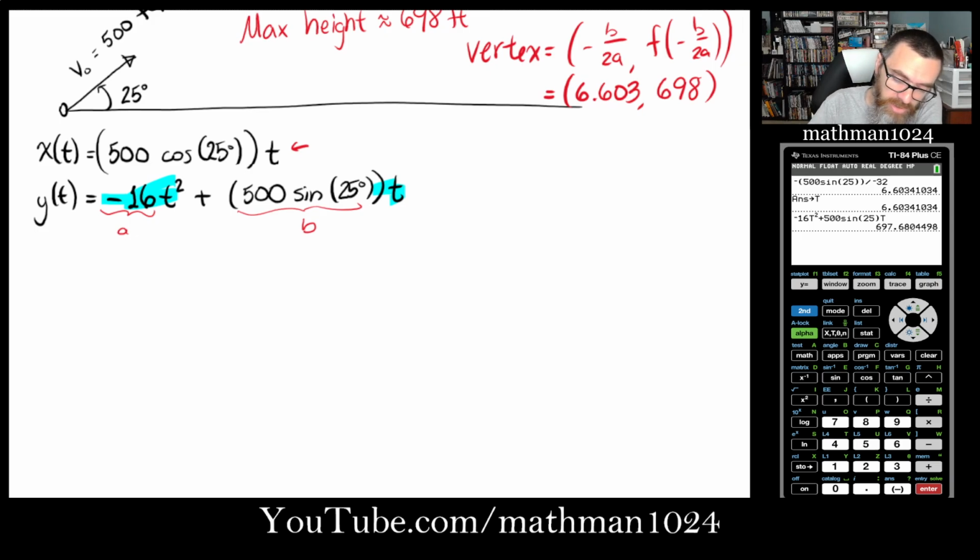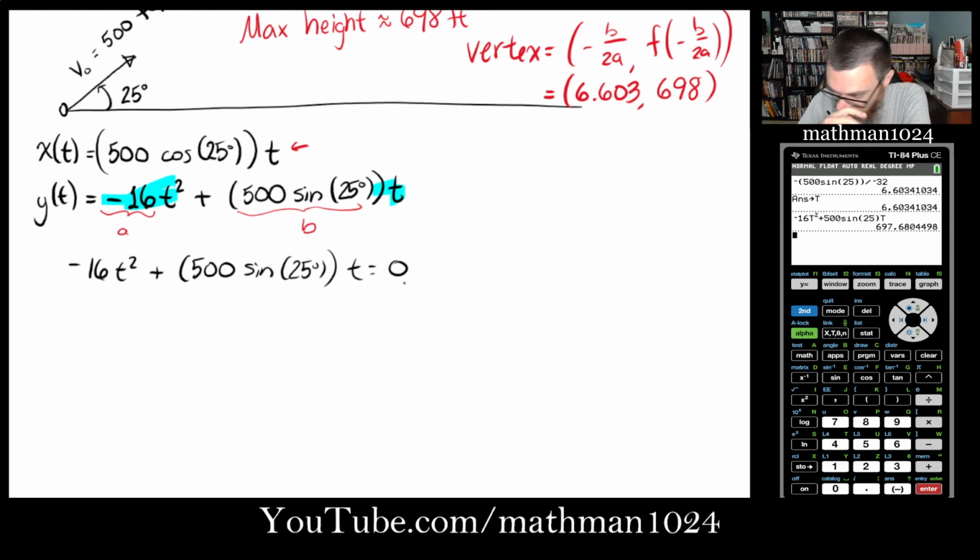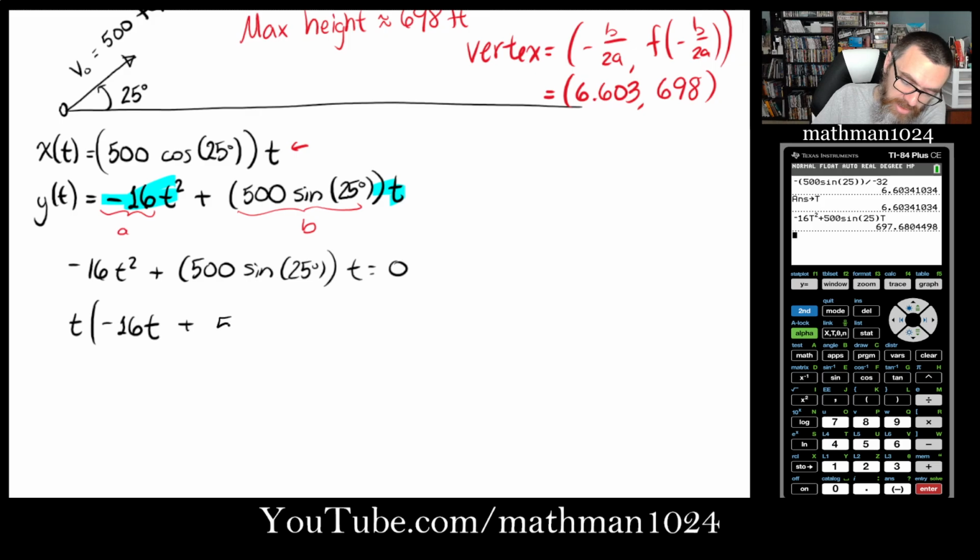So first off, I need to set this equal to 0 to find my solutions. And this really isn't all that bad because I can factor out a t, and I'm left with negative 16t plus 500 sine of 25 degrees.